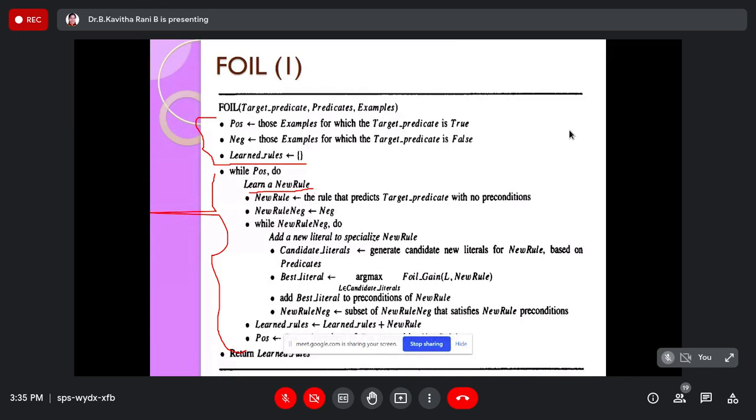Just as we climb step by step to reach the top position, we will be removing all the negative examples, and with the positive examples we will be generating the rules. So the hill climbing search technique is used in FOIL.